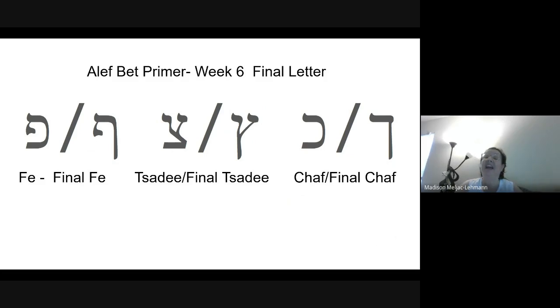One of the ways I can help you remember: if you're familiar with parts of a house, you have soffits on your house that hang off your roof a little bit. They stick out, and the final letter, the sofit, actually sticks out a little bit. They're always longer and go below the line. Soffits help seal your roof, and these help seal the end of your word.